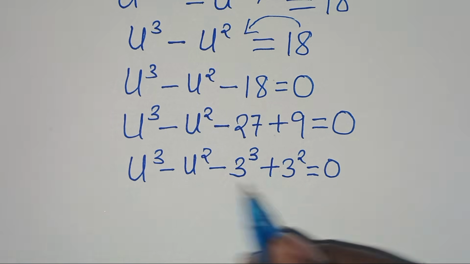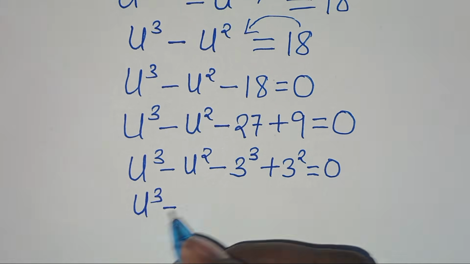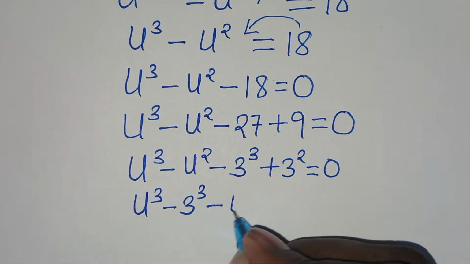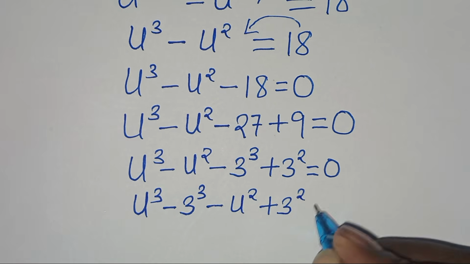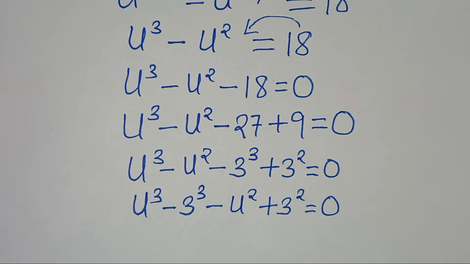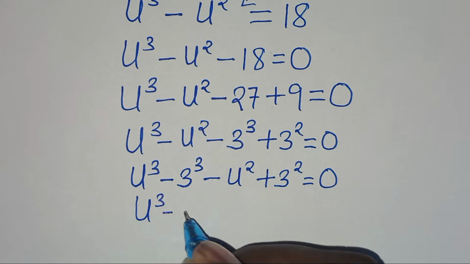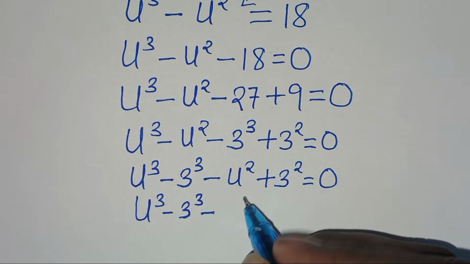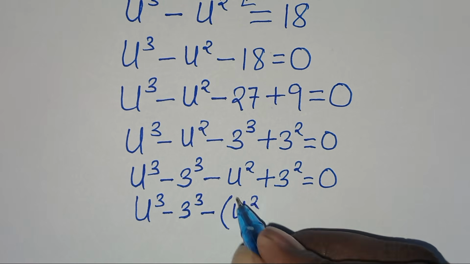So we have u to the power of 3 and 3 to the power of 3 here. So this is u to the power of 3 subtract 3 raised to the power of 3, minus u to the power of 2 plus 3 to the power of 2. This is equal to 0. Now we can express u to the power of 2 minus 3 to the power of 2 as u to the power of 2 into the parentheses.